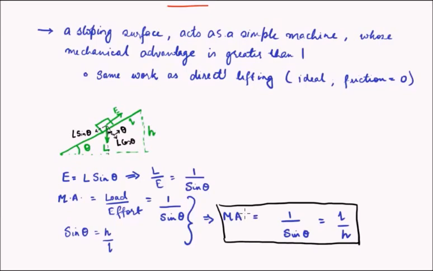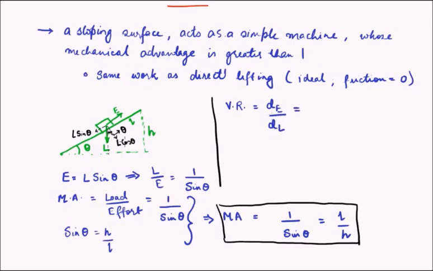Now the velocity ratio, if we want to calculate the velocity ratio, let us do it here. Velocity ratio, what is the definition of velocity ratio? Velocity ratio is defined as the distance the effort moves upon distance the load moves. What is the distance the effort moves here?